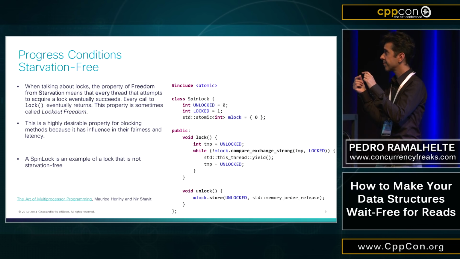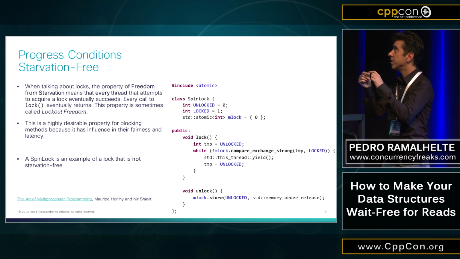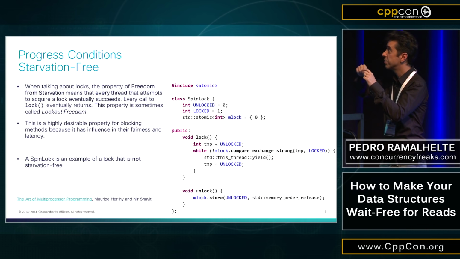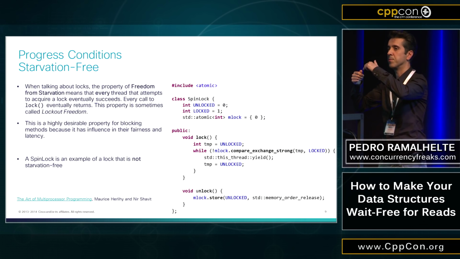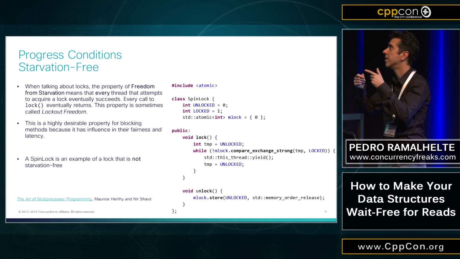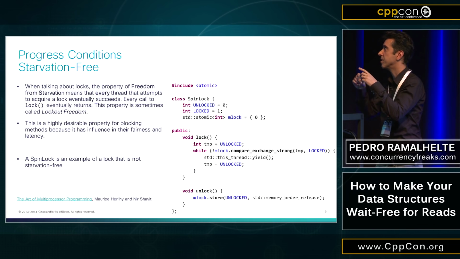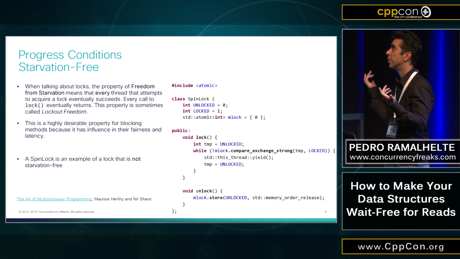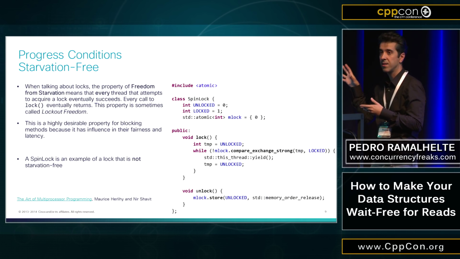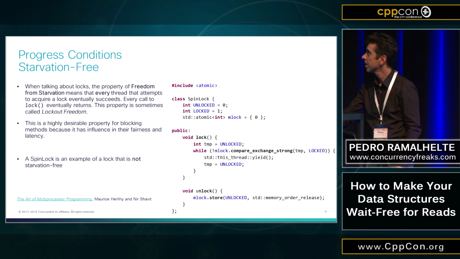And you can have a thread that's waiting indefinitely for the lock, because whenever it tries to see, oh, it's already unlocked, let me do the CAS, but then some other thread comes in and does it before. And then, okay, now I'm going to yield and wait a little bit and then try again. And by the time it tries again, some other thread jumps in front. And this keeps happening theoretically forever. So this one is not starvation-free. This is actually very prone to starvation.